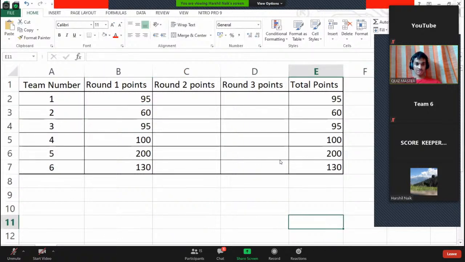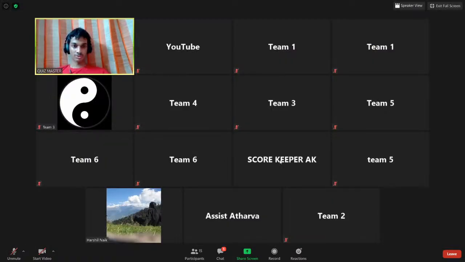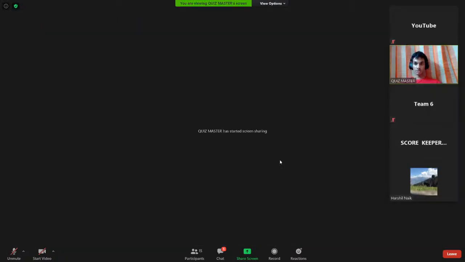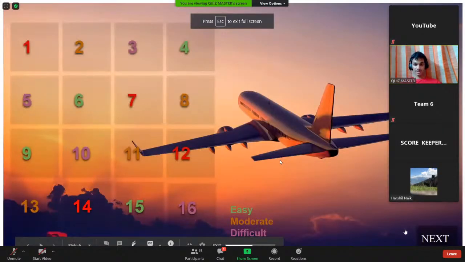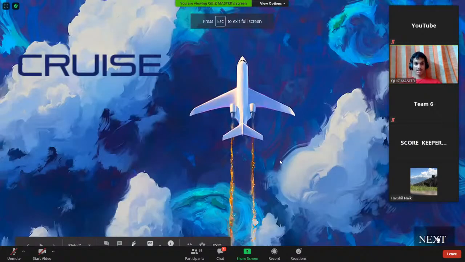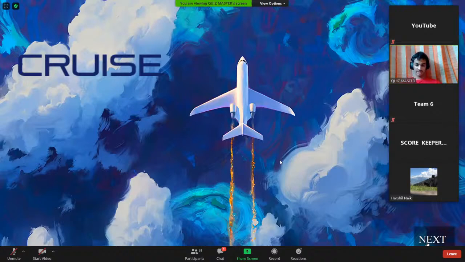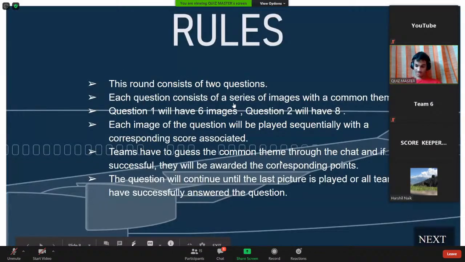So going back to the quiz, we will now be going to round 2. Round 2 is what we call cruise, or the second stage of any airline flight. And here are the rules, right? The crux of this round is that we will show you a series of pictures, starting from the first picture, going all the way to the last picture.